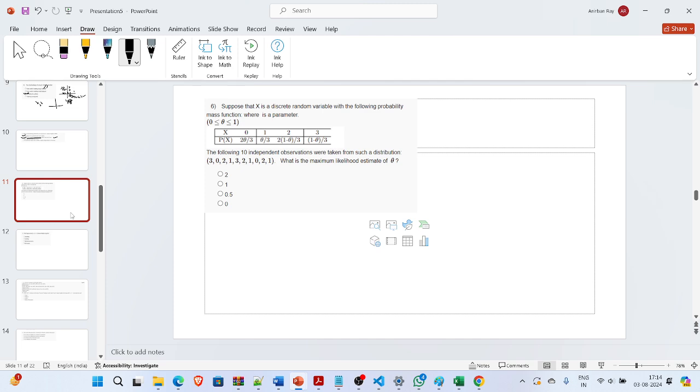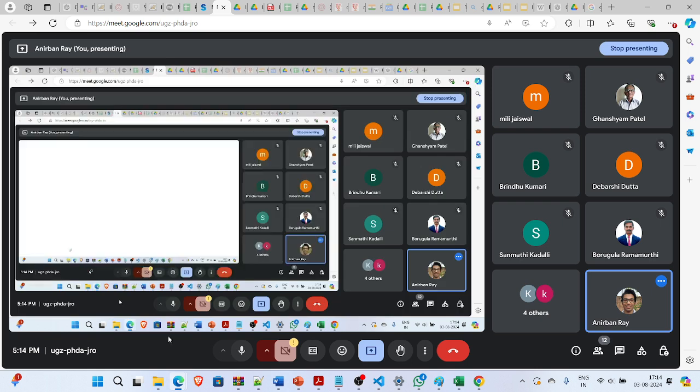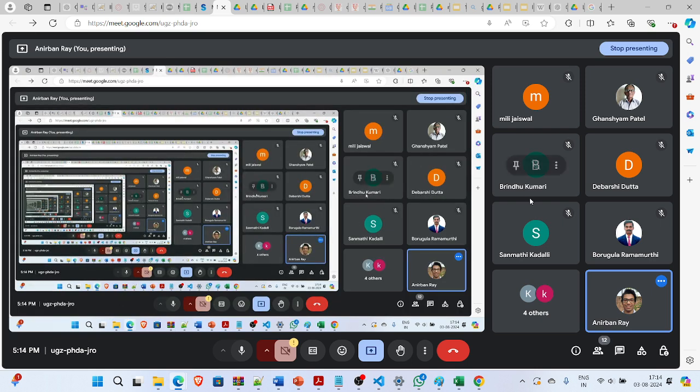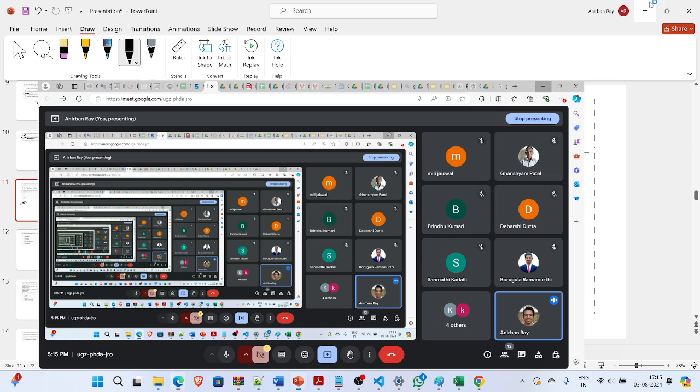And this is another MLE problem. So any problem with this one, I think you can do it yourself. Anybody? Millie, are you there? Yes, Millie.